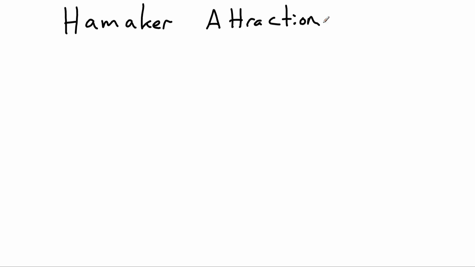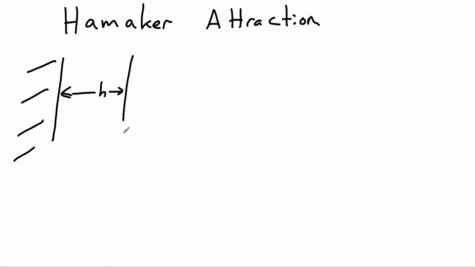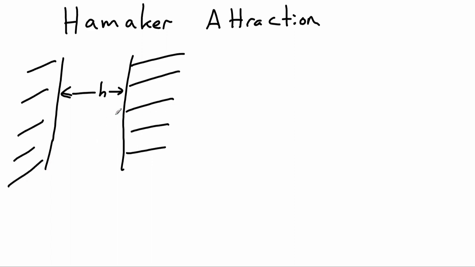So there's two equations I'll show you. One is for infinite planes. So we have a block, material, separated from another block by a distance h. And the blocks, in theory, they're infinite, but this is actually a good approximation as long as their thickness is bigger than the separation here. So in this case, V, the attractive potential energy, is just negative H11, which is a constant that depends on what these materials are.